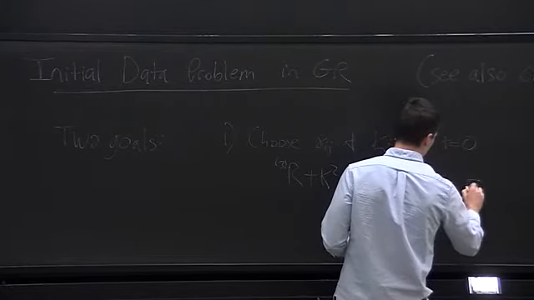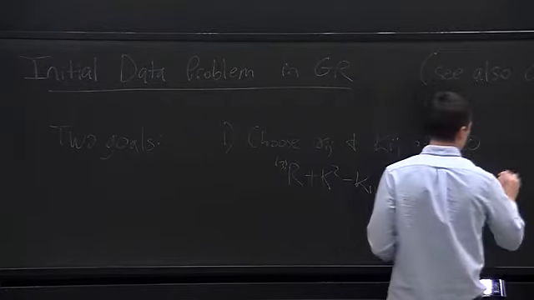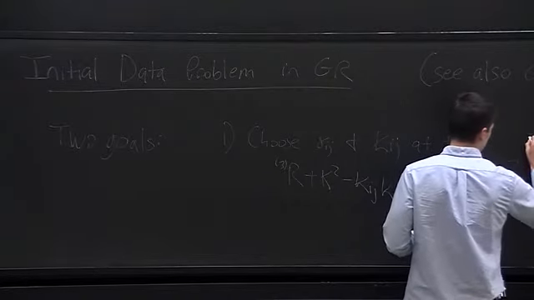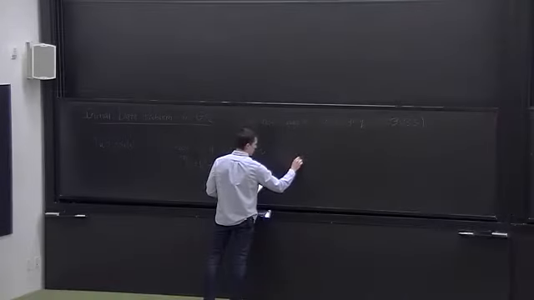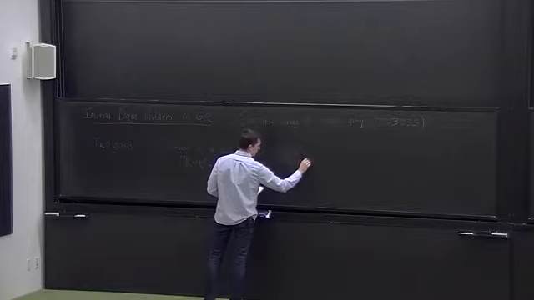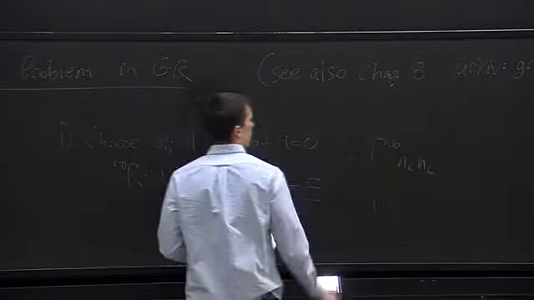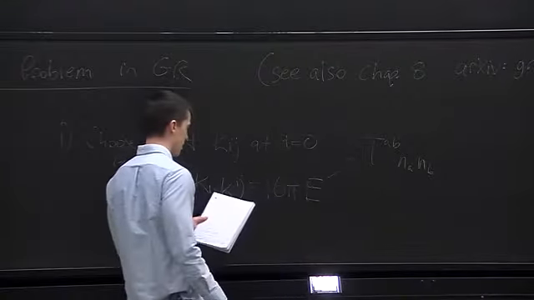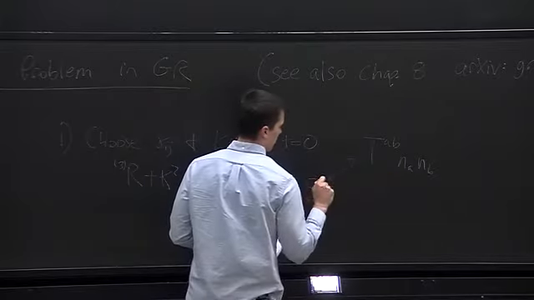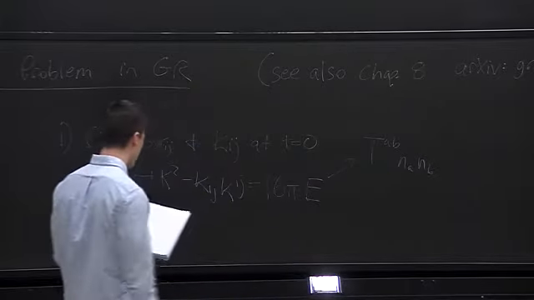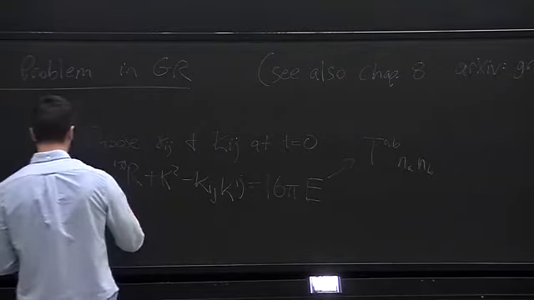And I'm going to use E here to denote the energy density, but that's just the projection of our stress energy tensor with respect to our vector that's normal to our slices of constant time, and then the momentum constraint.